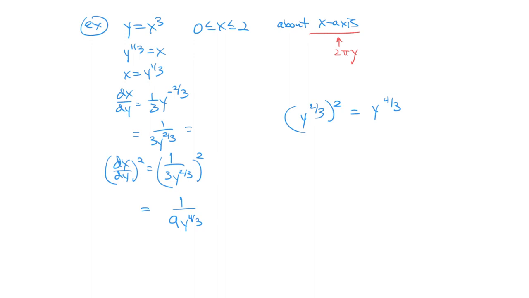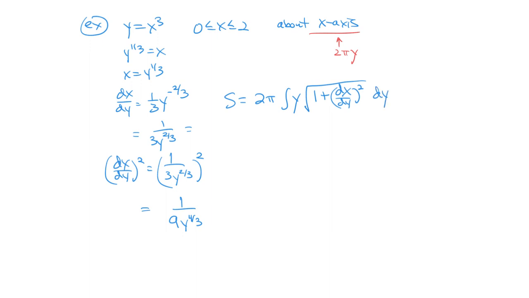All right, so we put our formula in, and we get surface area equals 2 pi y. Because we're using this other form of ds, we're using the square root of 1 plus dx/dy squared, dy. Since we're using this form, we also have to find our limits for y. So x goes from 0 to 2, and y is x cubed, right?